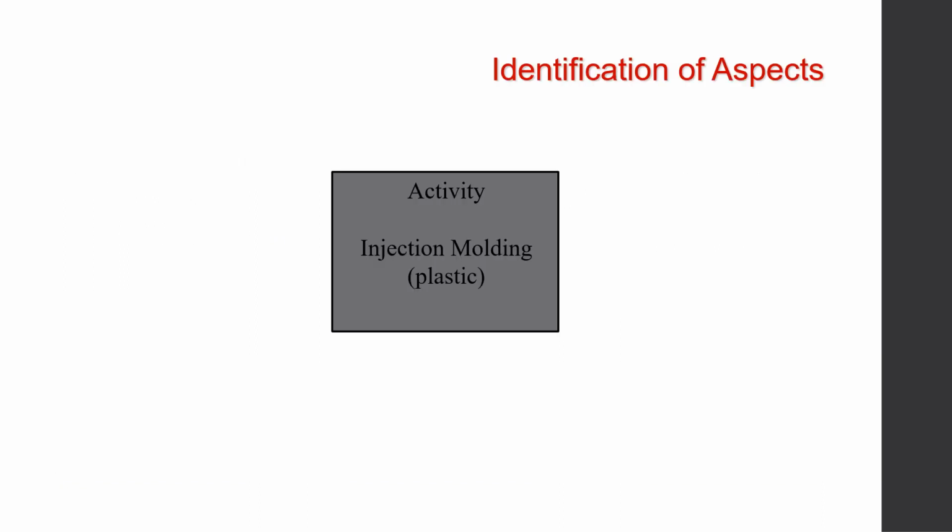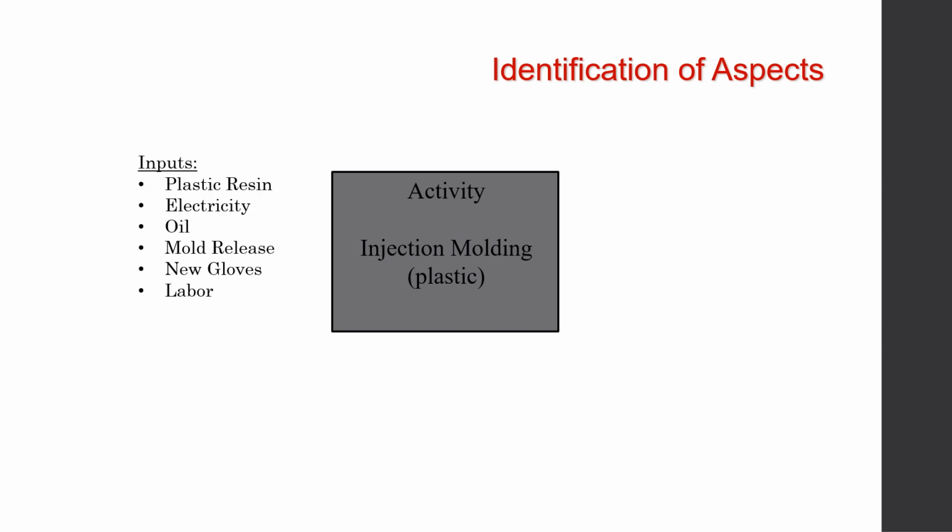So here's another approach that we've taken to identification of aspects, which is to look at individual processes. And this example would be injection molding. Or the process could be product design, process design, purchasing, et cetera. So you take a look at any of the processes that you have along the food chain of the life cycle perspective here.